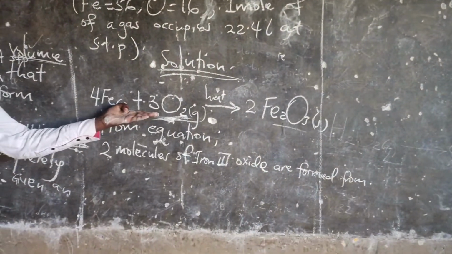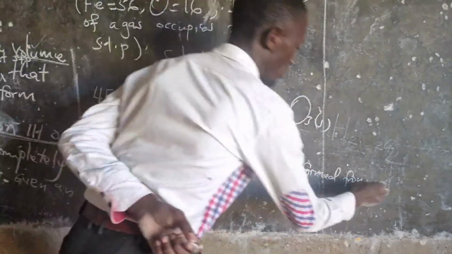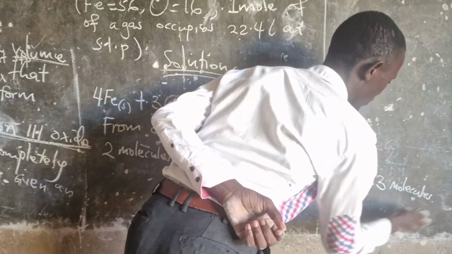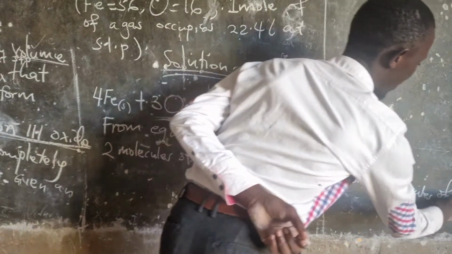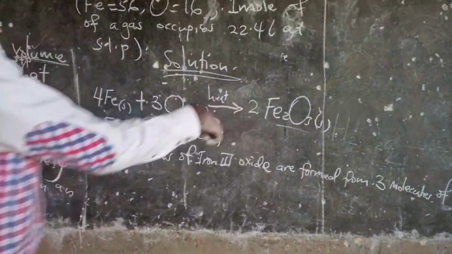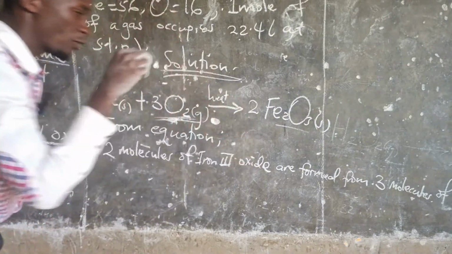You come back to the equation. What was the balancing figure? It is a 3, formed from 3 molecules of oxygen. This statement is very crucial in your calculation.